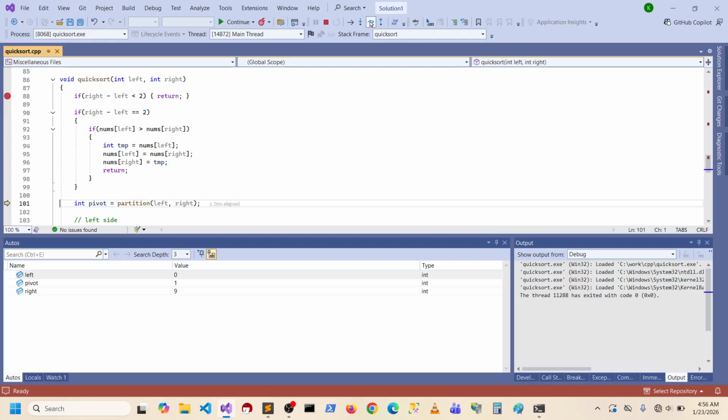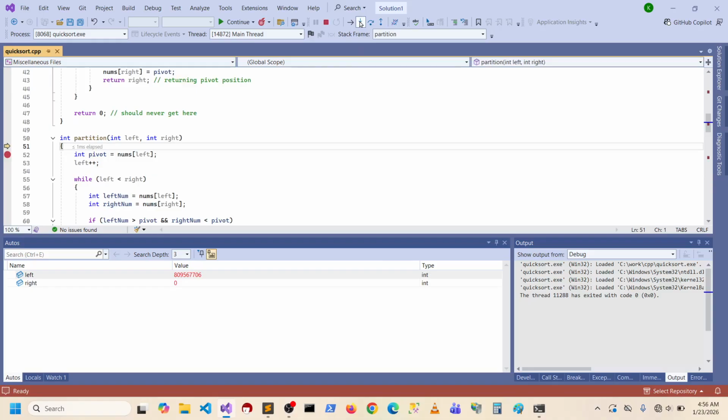It does not. So we go here. Now we're going into partition 0, 9. Let's go to that. So pivot equals 11. Left plus plus. Okie doke, 3. It should skip over that.